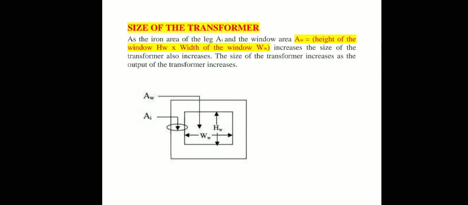Window means the space in between the core, which is rectangular in shape, having a height represented by HW, height of window, and a length or width of the window represented by WW. This nomenclature and these specifications are very important when we will deal with numericals.